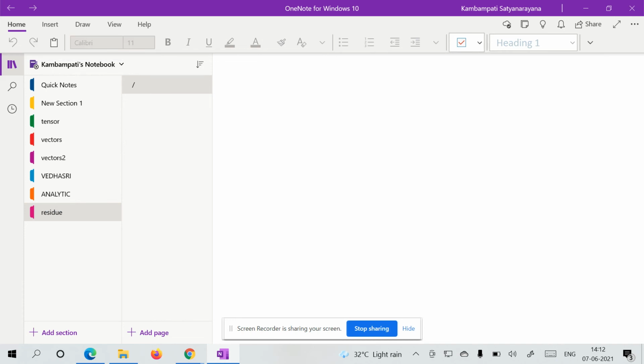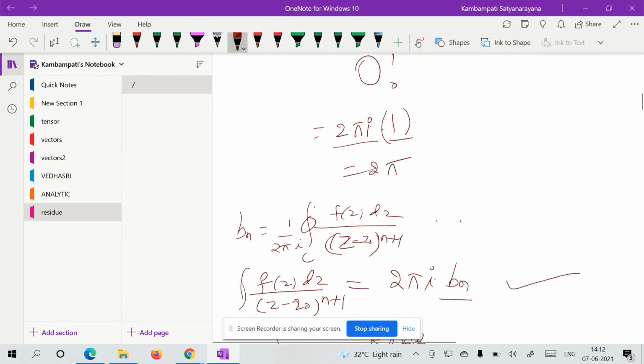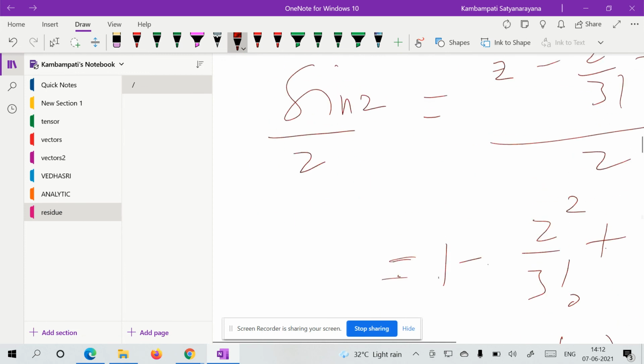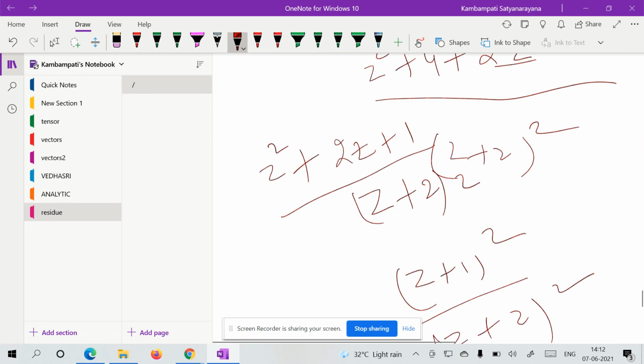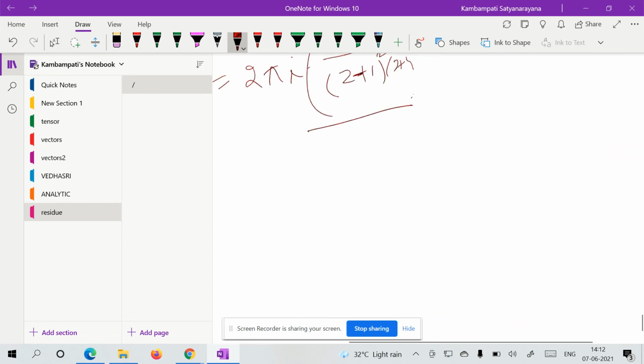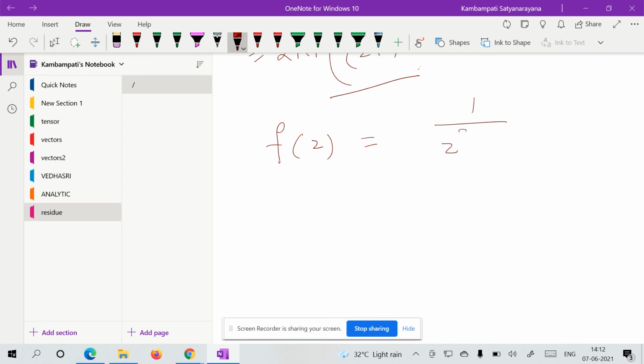Okay. So here f of z equal to 1 by z cube into (1 plus z square).